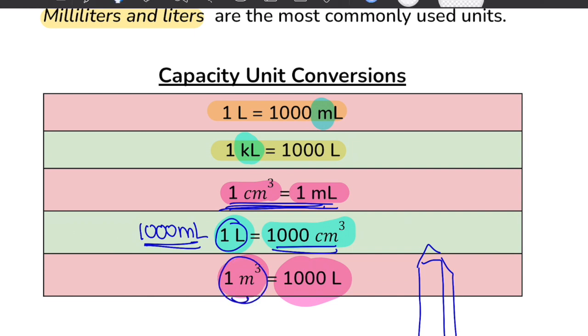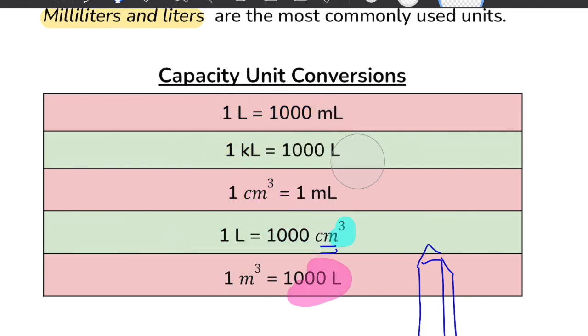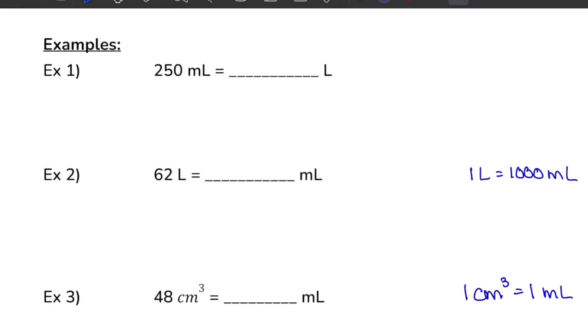Okay, so let's erase all of this and try some examples. When you see me working through these examples, you'll notice that the strategy we're using is pretty much the same as the strategy we used when we converted units of length. The logic is the same.